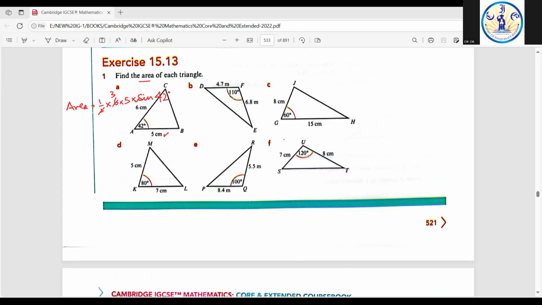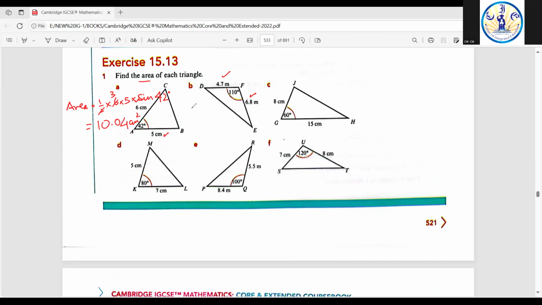Okay, here we go. So 3 times 5 is 15 times sine 42. This is 10.03. So the area of this triangle is 10.04 centimeter squares.